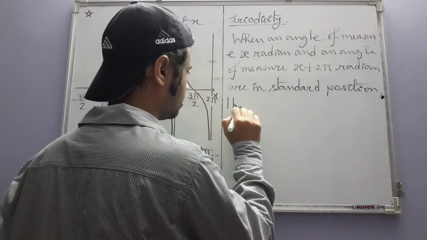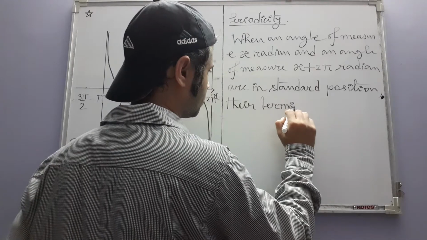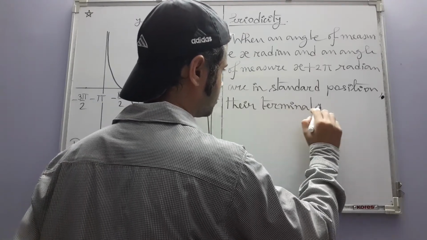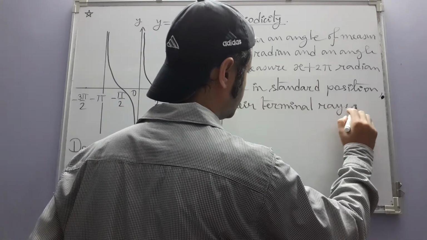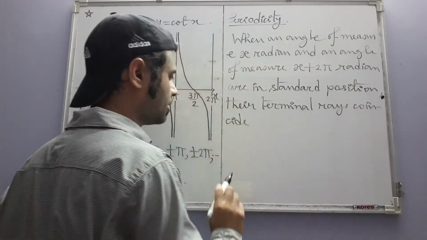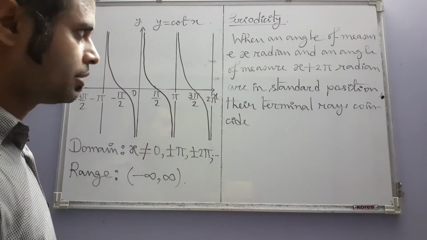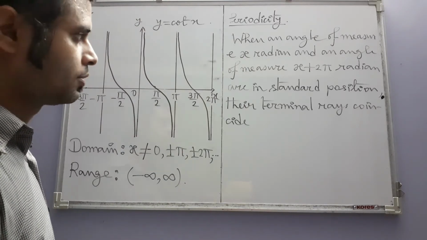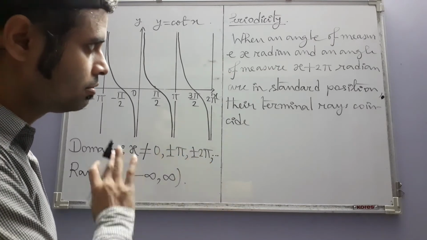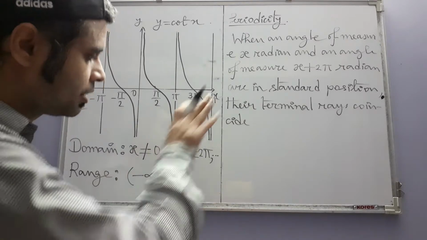That is why the values of the trigonometric functions at these two points will be exactly the same, because the terminal ray is the same.